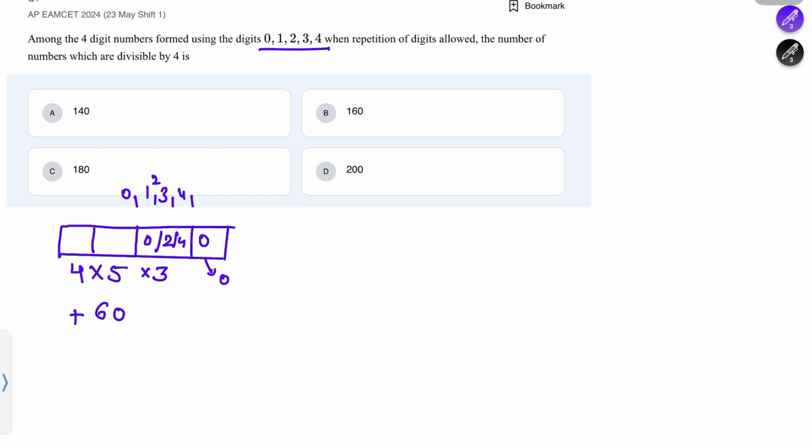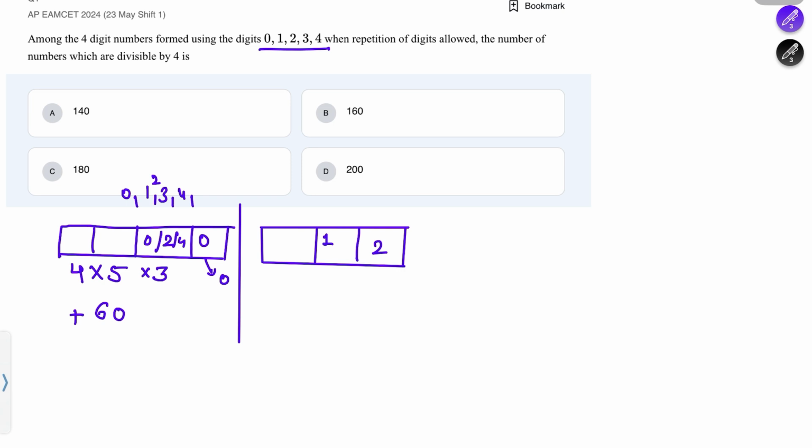That is the first possibility. For the second one, check: if the last digit is 0, not possible. If it is 1, it is not divisible by 4. So next the digit is 2 maybe, so for the last digit you can use 2. Before that, use any digit as the second digit. 0 is possible, but 02 is not divisible by 4. 1, yes, that makes 12, and 12 is possible, right?